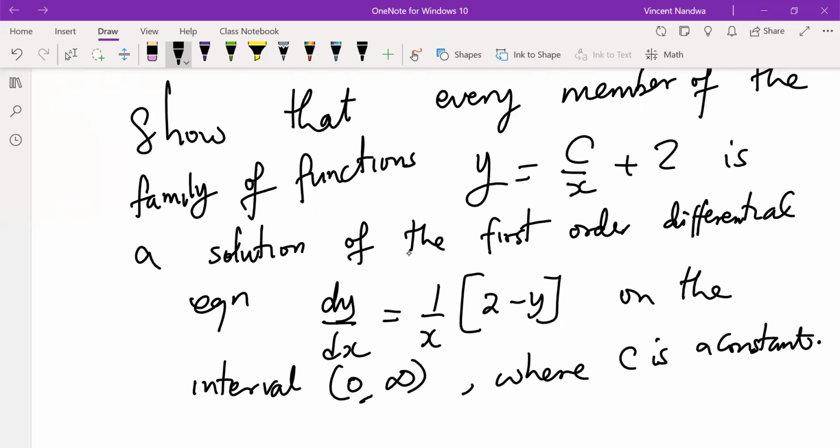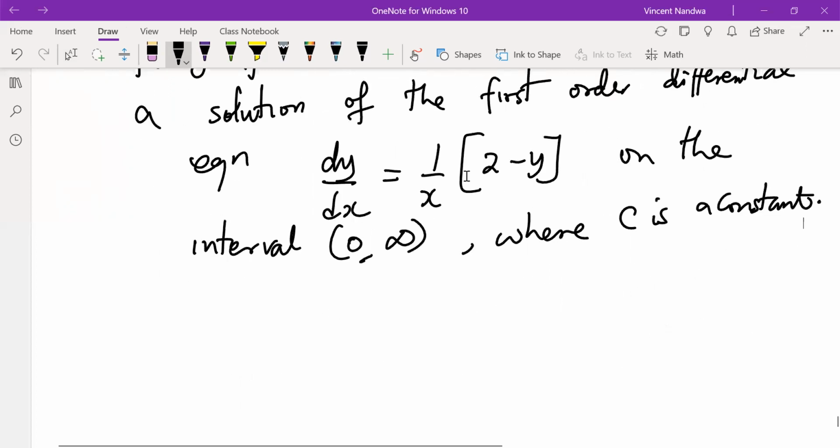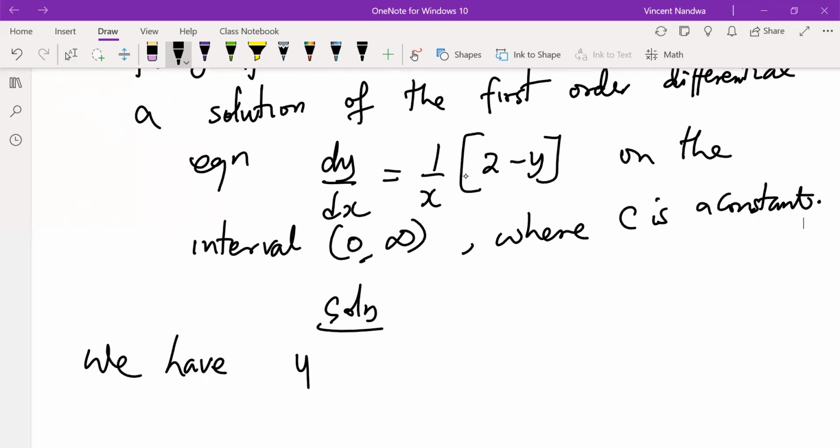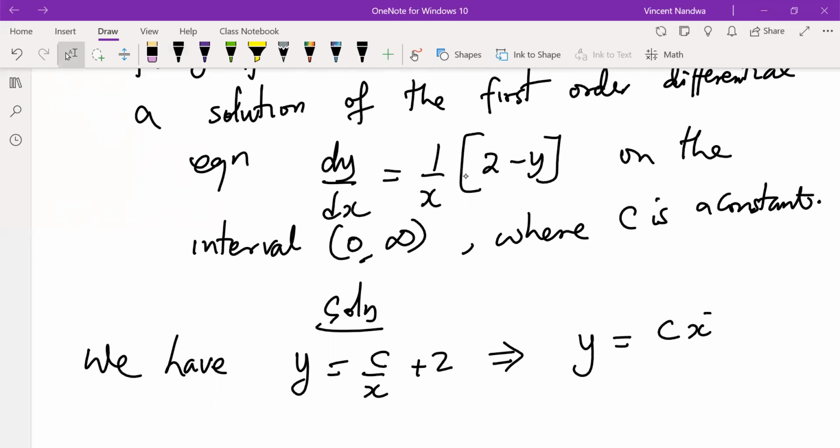So this is a very easy problem. What we're just supposed to do is to differentiate the function and replace into the differential equation to show that the two sides are the same. So solution, we have y = c/x + 2, which is the same thing as saying y = c x^(-1) + 2.